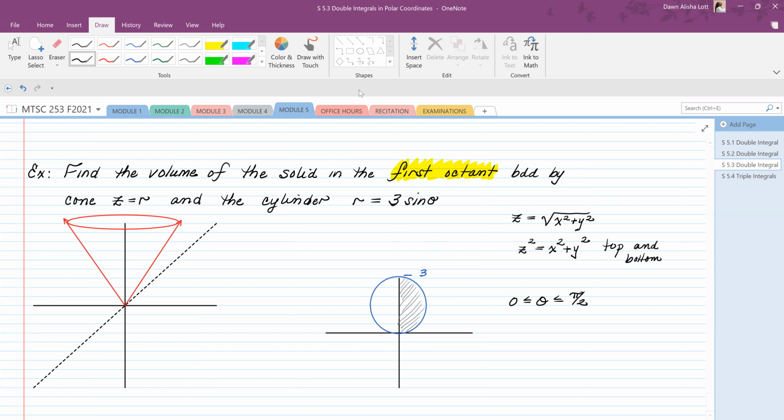And so down here on the ground, it's funny that it won't let me rotate stuff. Okay, so there's a cylinder.